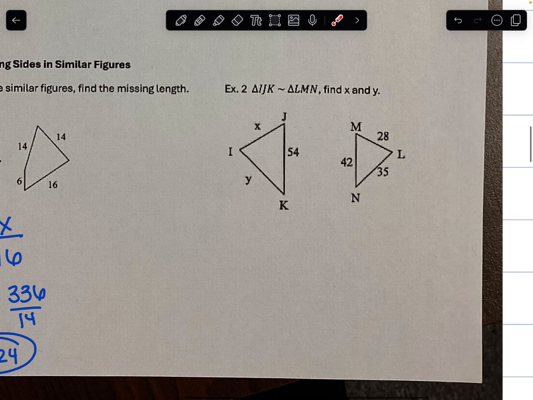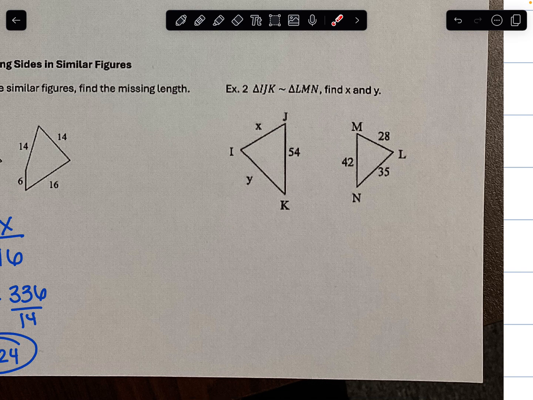Okay. Now, example 2 is a little bit different. Why? True, we are solving for 2 sides. What's the other reason, though? The figure is flipped, right? So remember yesterday when I went through and I kind of marked similar sides with like a box or a circle or underline? Let's do that today. So can anyone tell me, you can use numbers, variables, whatever, what sides would be proportional here?